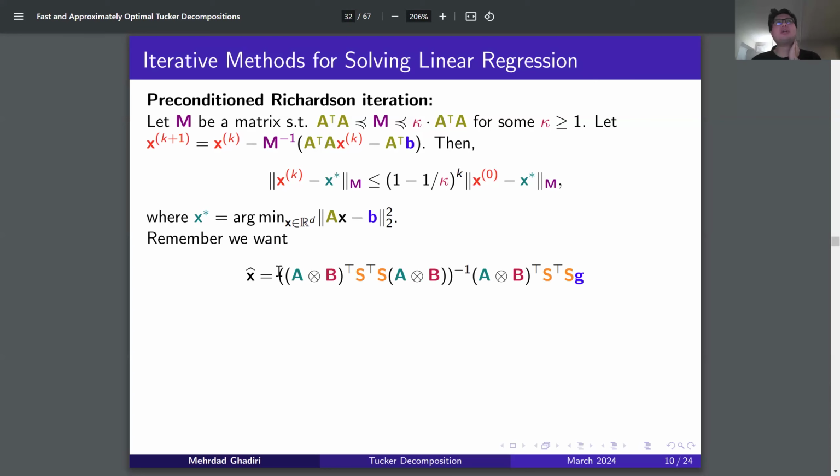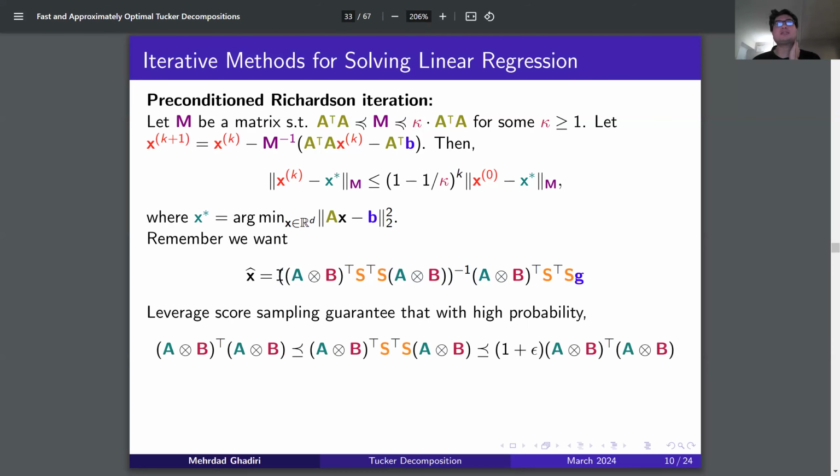So now I'm trying to solve this. But instead of inverting this, I'm going to invert the original matrix. The original matrix spectrally approximates the sampled matrix. This just comes from the leverage score sampling guarantees. So this is my original matrix, without the sampling part, without S transpose S in the middle, and it spectrally approximates this.